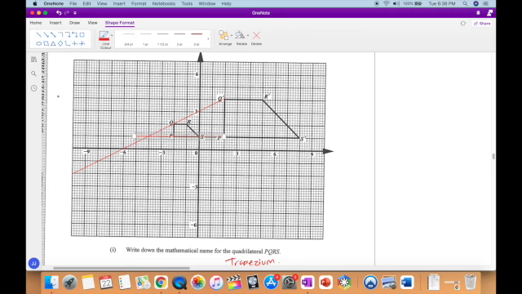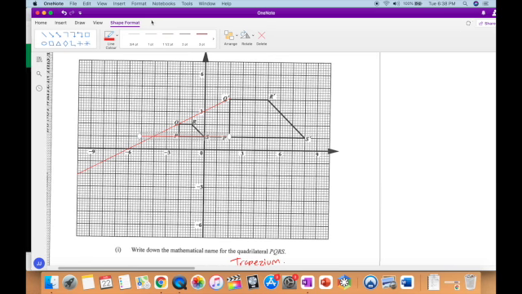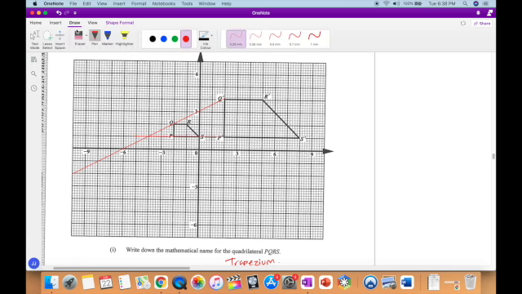I don't need to do the rest. Two of them should be enough, right? Because you can see that they intersect at this point over here. If I was to connect R to R, it would intersect in the same point, and S to S would intersect. So this is the point C, the center of enlargement.